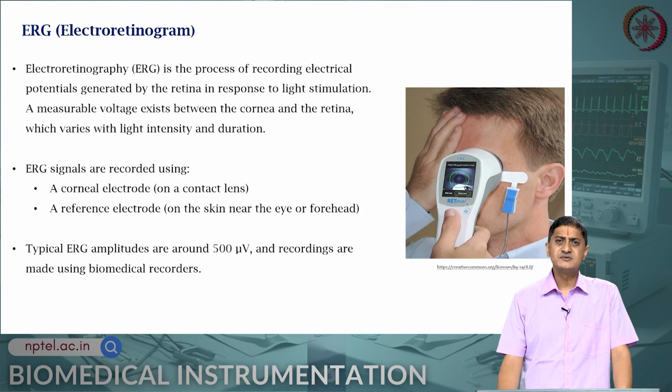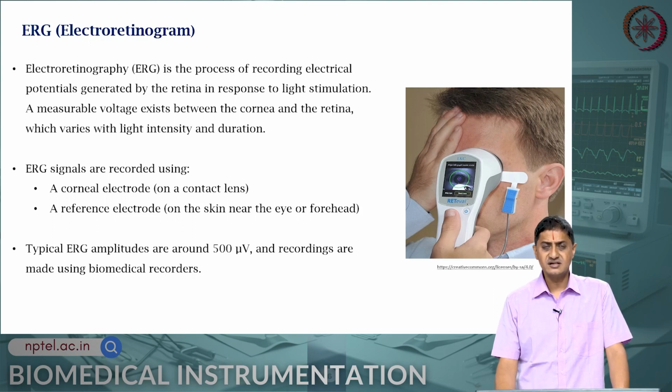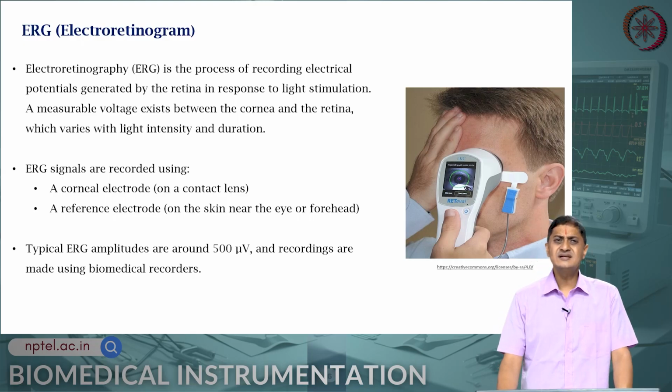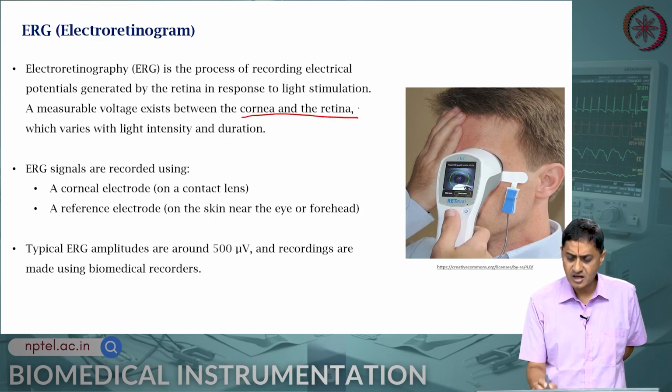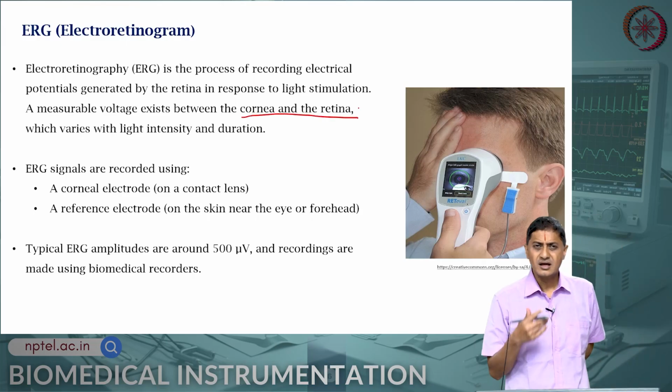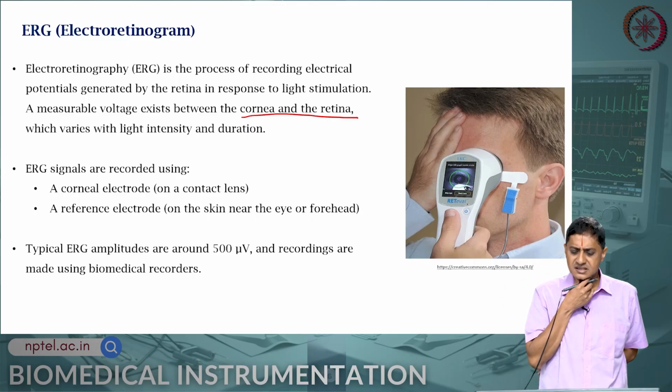ERG essentially is the process of recording the potentials generated by the retina in response to light stimulation. Essentially there is a measurable voltage or potential that exists between the cornea and retina. What is the source of this?